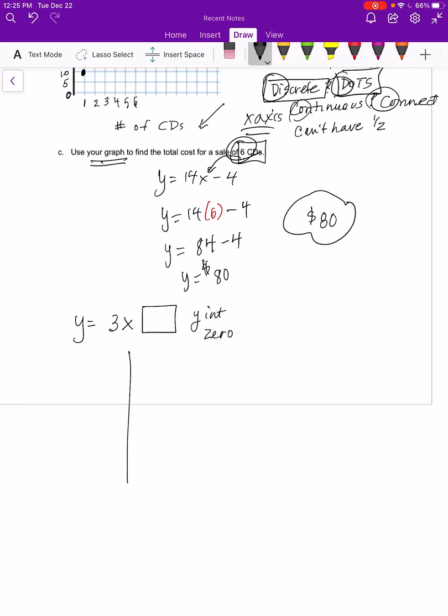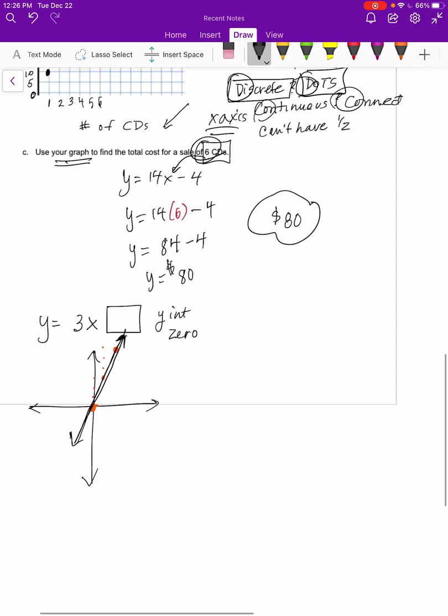So when you go to graph this, I'll just use this as my x-axis. My y-intercept is 0, so I start here, and then I can do my slope. Up 3 over 1. Up 3 over 1. And then I connect. Again, don't use freehand, use a ruler. Okay, so there's that one.